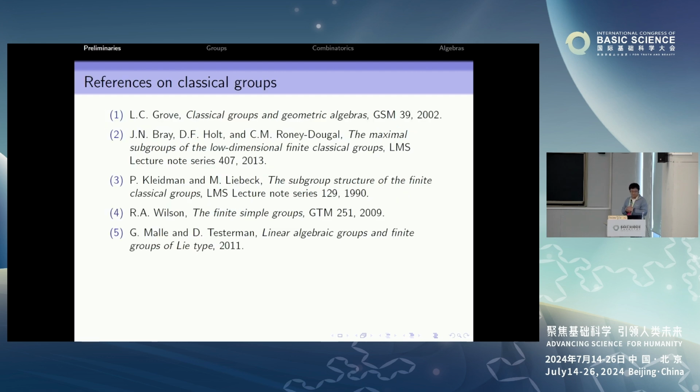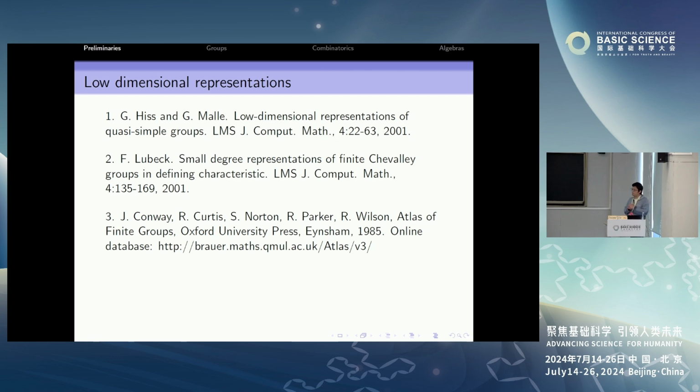So these are some standard references on classical groups. This will allow you to understand the basic facts. And for the low-dimensional representations, there are published references, so simply quote them.